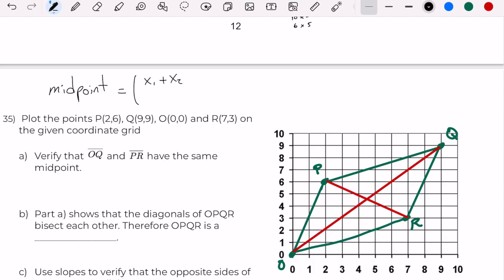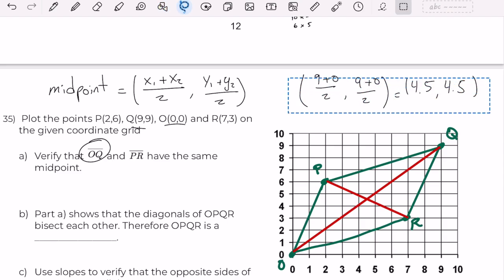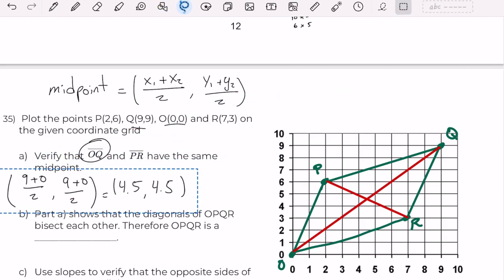Remember that the midpoint is x1 plus x2 divided by 2, y1 plus y2 divided by 2. So the midpoint of OQ is applying this to O and Q. So it is 9 plus 0 divided by 2, 9 plus 0 divided by 2. So that is 4.5, 4.5. This is the midpoint of OQ.